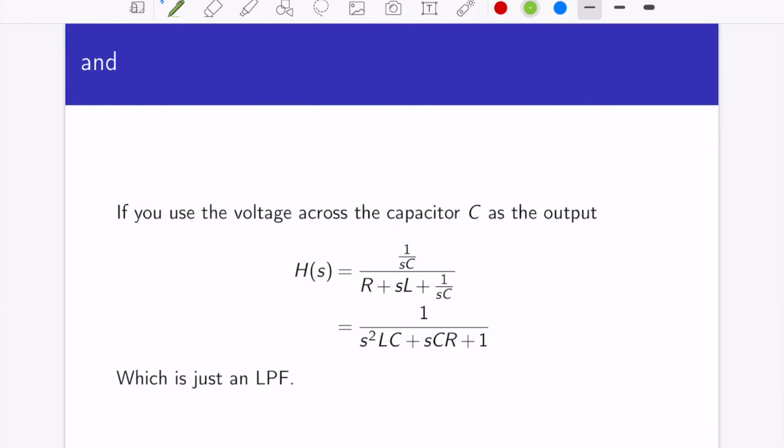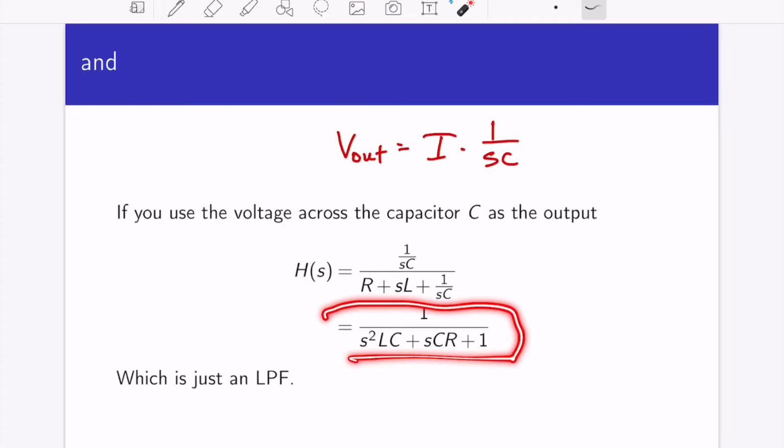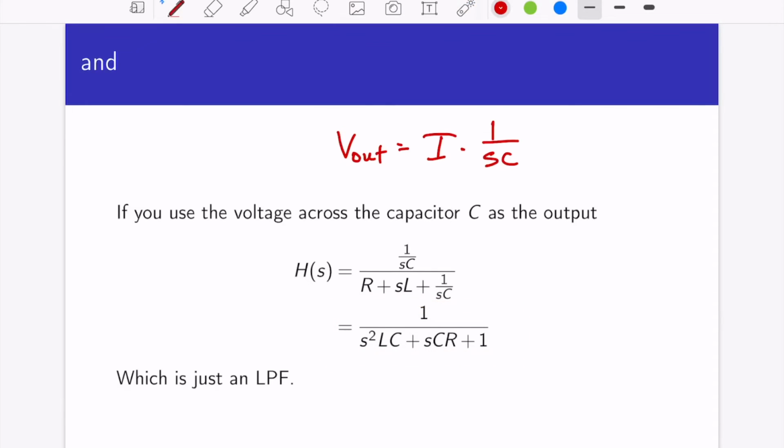Okay, now let's look at the voltage across the capacitor. Again, the voltage across the capacitor would be equal to I times 1 over SC. Plug that into our equation, get rid of the SC by multiplying by SC over SC, and we end up with this transfer function. Let's look at what happens for omega 0. We have 1 over 0 plus 1, so that's 1 over 1.